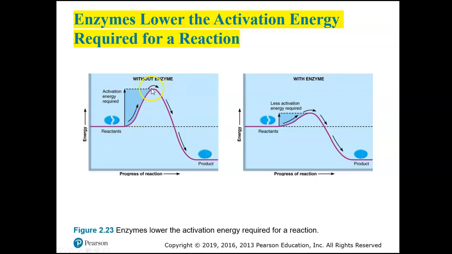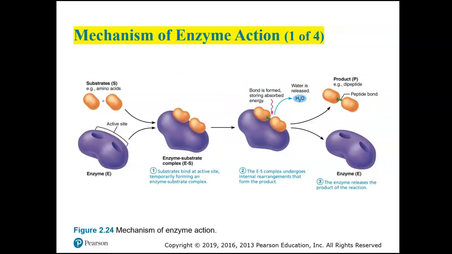Once that energy level is reached, the reaction will proceed and the products will form. This is without the enzyme, so it's going to take more time because it takes more activation energy. But with the enzyme, that activation energy is lowered, that energy requirement is less, and so it speeds up the time that it takes for that reaction to occur.